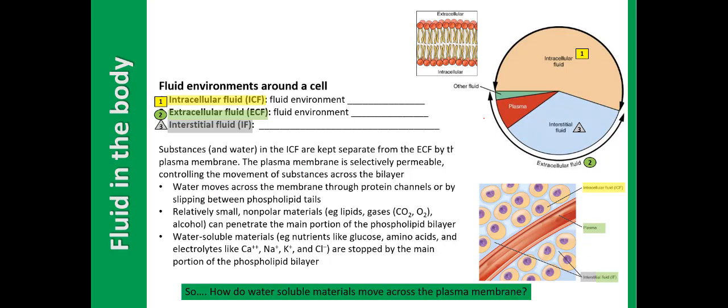Next, we're going to talk about fluid environments around the body. Again, we've touched on this briefly in a previous lecture. Basically, the fluid environment around the cell can be described very succinctly as either fluid found inside the cell, which is referred to as intracellular fluid, or extracellular fluid, which is the environment outside the cell.